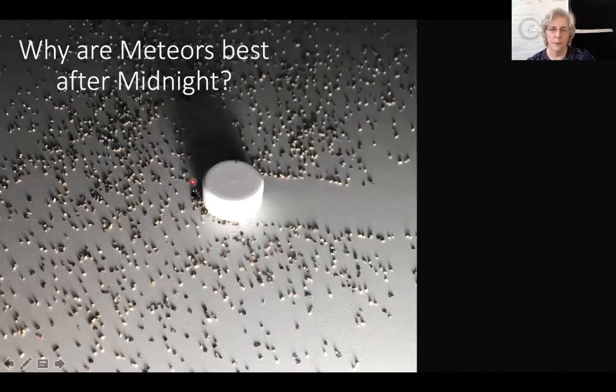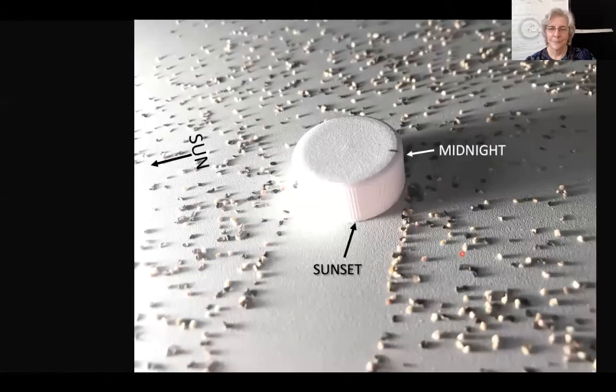Okay, what happened? They're getting piled up in the forward direction. So let's take a look at sunset, between sunset and midnight. Now look at this. This is pretty clean, right? You don't get that many meteors here.